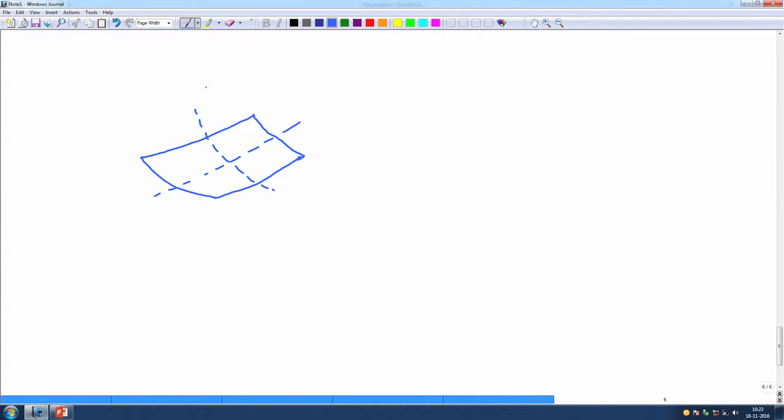Okay. And so, this is one radius of curvature, this guy. Okay. The other guy has got this other radius of curvature. Okay. So, this radius of curvature is R1, right. This radius of curvature is R2. Okay.